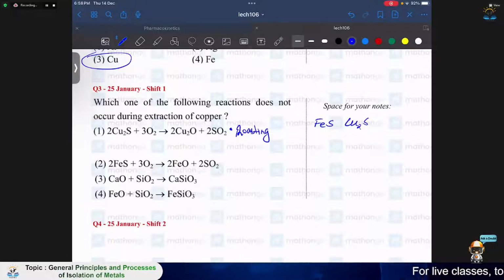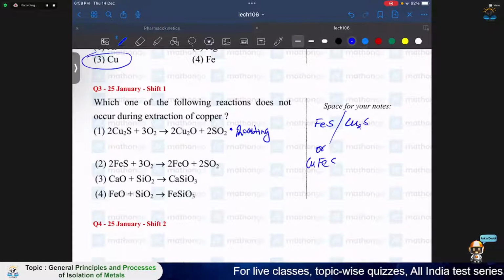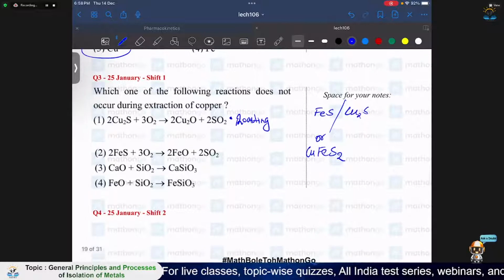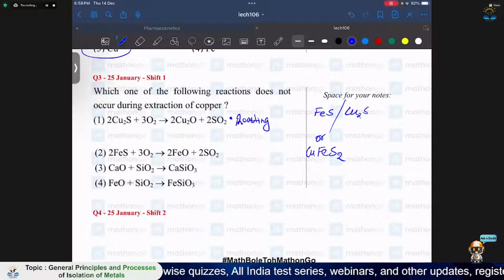Let's continue. So we were at, copper exists as both of these ores combined, or you can call it copper pyrites. You know what copper pyrites is, right? CuFeS2. So we had also discussed that in the extraction of copper in a reverberatory furnace during roasting, how do you remove iron?